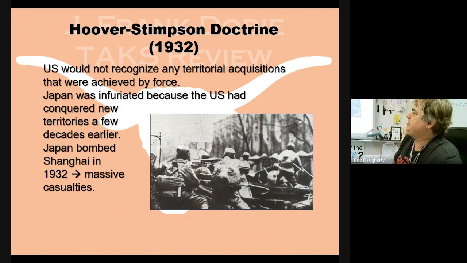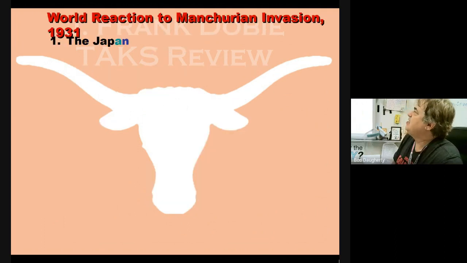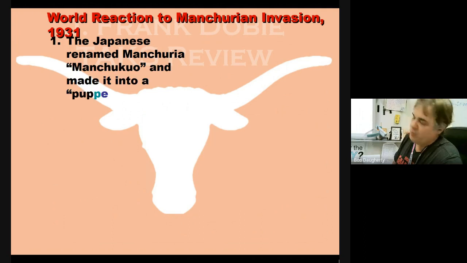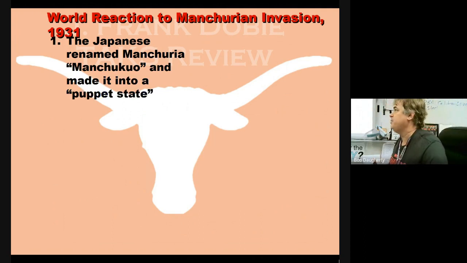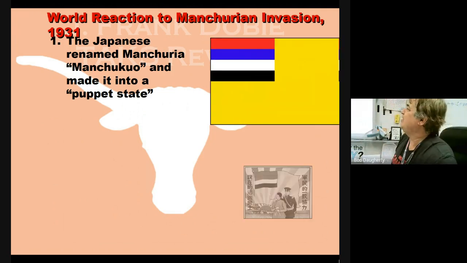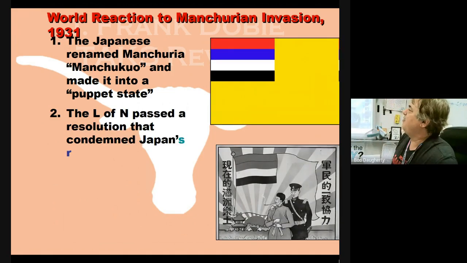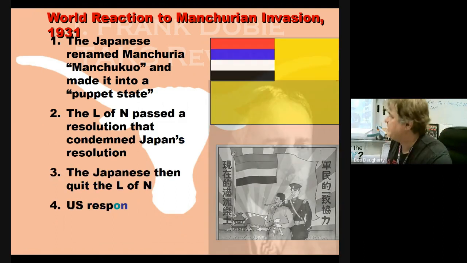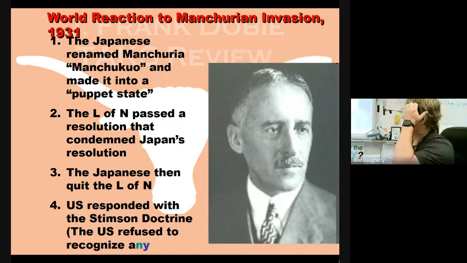Now, the Japanese, y'all, in 1932, before they go to war with China properly, bombed the heck out of Shanghai. So what did the world do? Well, the Japanese renamed Manchuria and made it into what's called a puppet state, where they basically controlled it. They even had a pretty cool looking little flag for it. The League of Nations all it did was pass a resolution that condemned it.